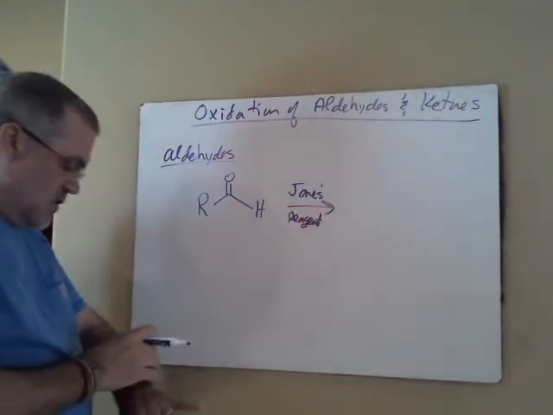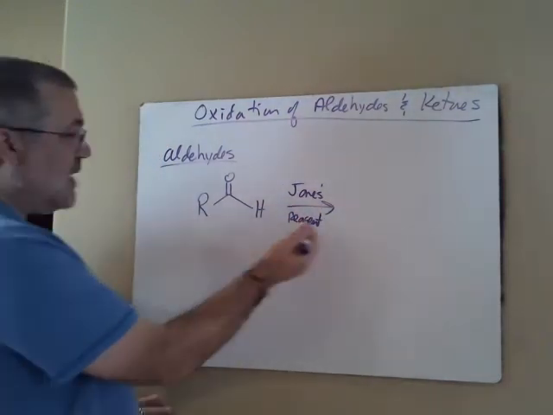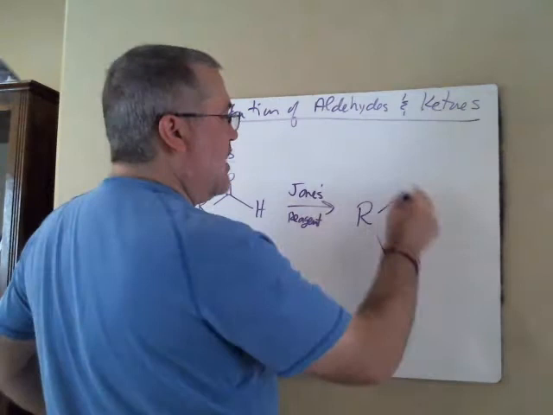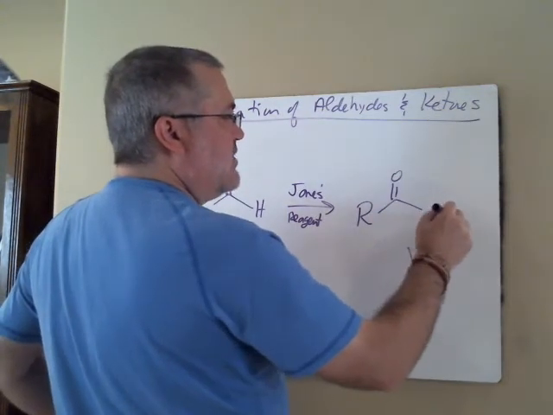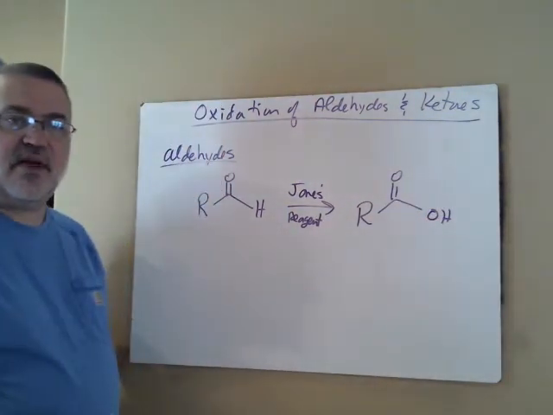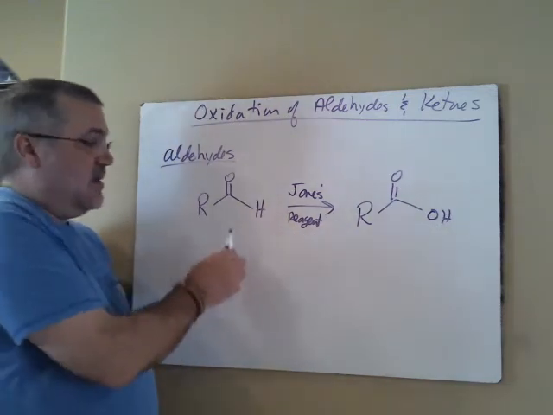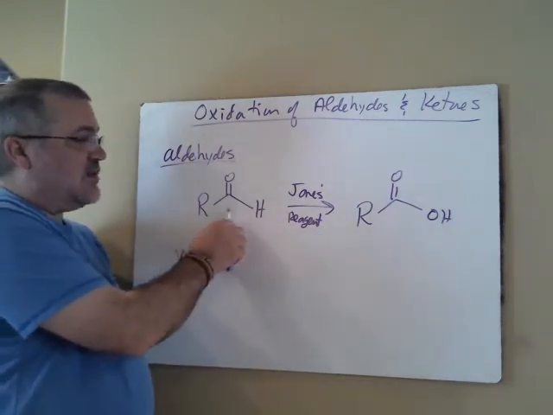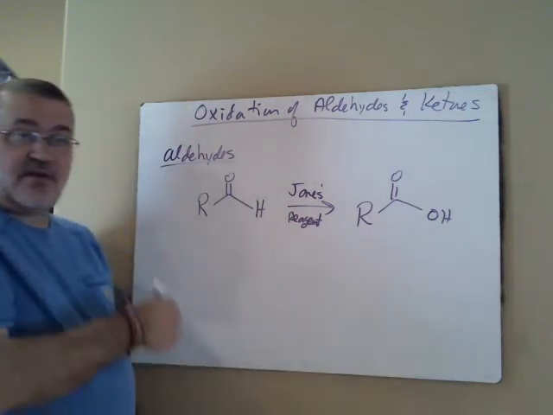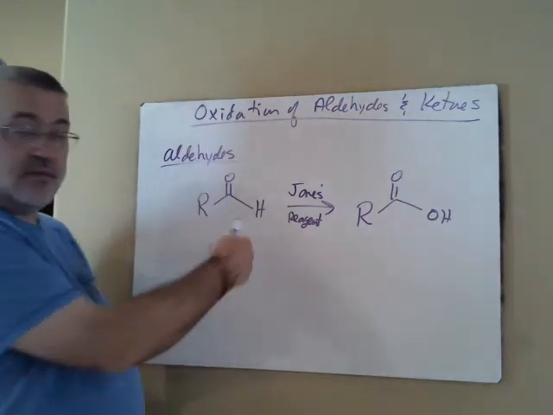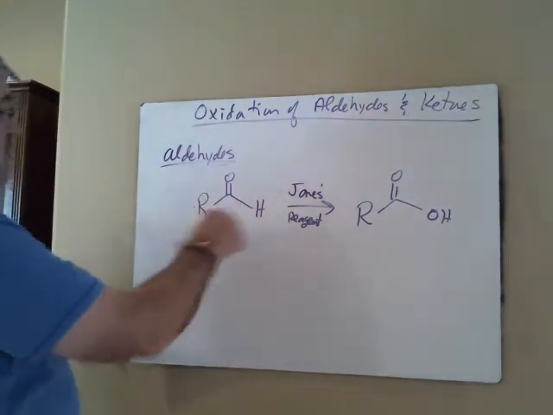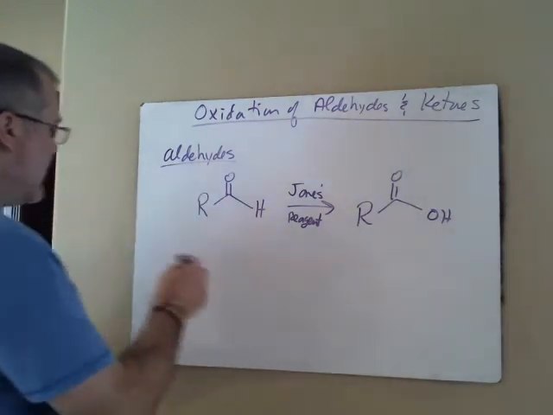And if you use Jones's reagent, then you would oxidize that aldehyde to the next oxidation state, which is the carboxylic acid. So this isn't really a new reaction. We're just looking at the first oxidation state to the second oxidation state of a primary alcohol. All right, but it is a way of taking an aldehyde to a carboxylic acid.